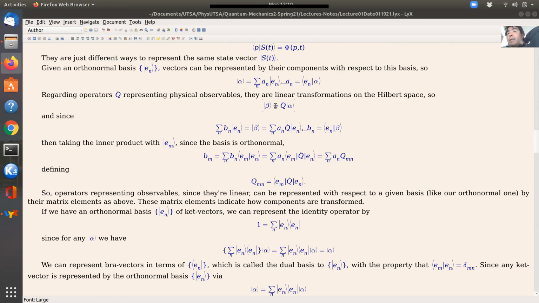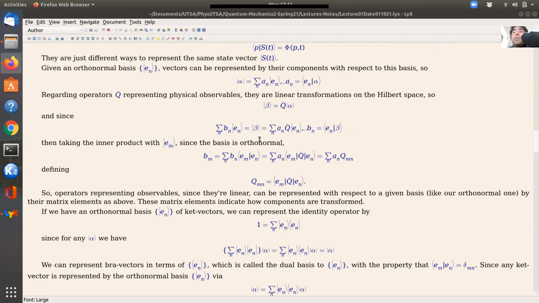And we also know that beta is Q applied to alpha, and it's a linear transformation. So Q of alpha, if I plug in this formula for alpha, I will get this because Q is linear. So I decompose in terms of the sum and coefficients. And this lets me find some sort of matrix representation of Q in terms of this basis. Thinking of it as if you had a very long vector and you were to multiply with an infinite matrix Q, and then you'll end up with the infinite vector beta. This is the analogy, right? So you have matrices, but they might be of infinite dimension.